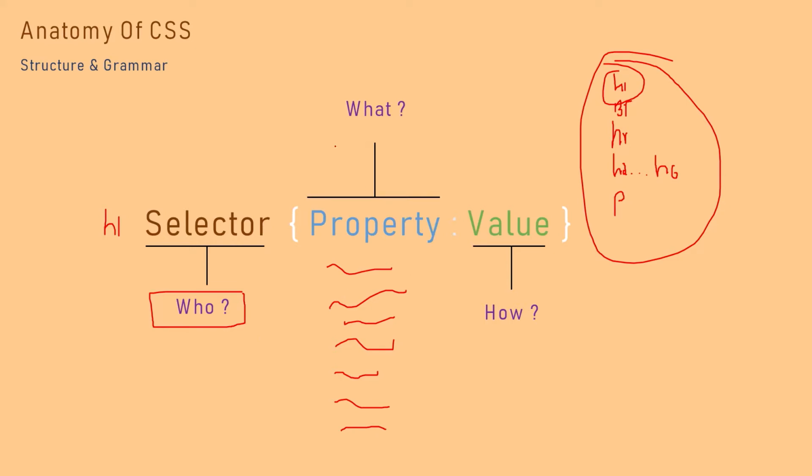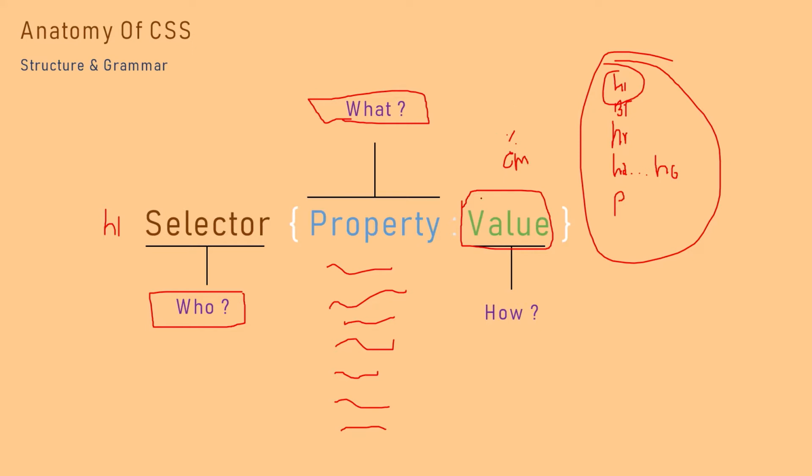What property do we have to edit with CSS? Either the color, the padding, the font size, the font color, or the font type, anything like that is called a property. And the value, you know what is meant by value. If it's padding, giving spaces in the website, you have to mention percentage, rem, millimeters, inches.